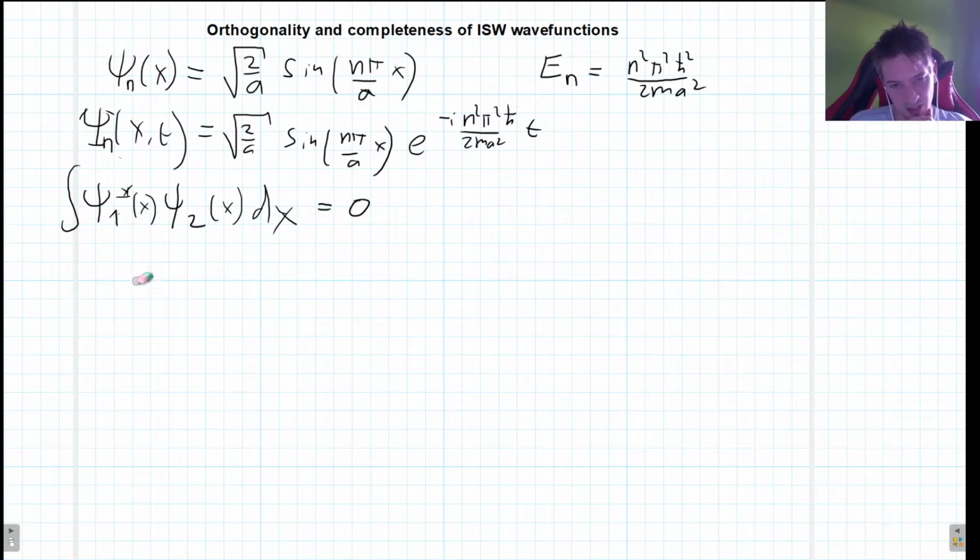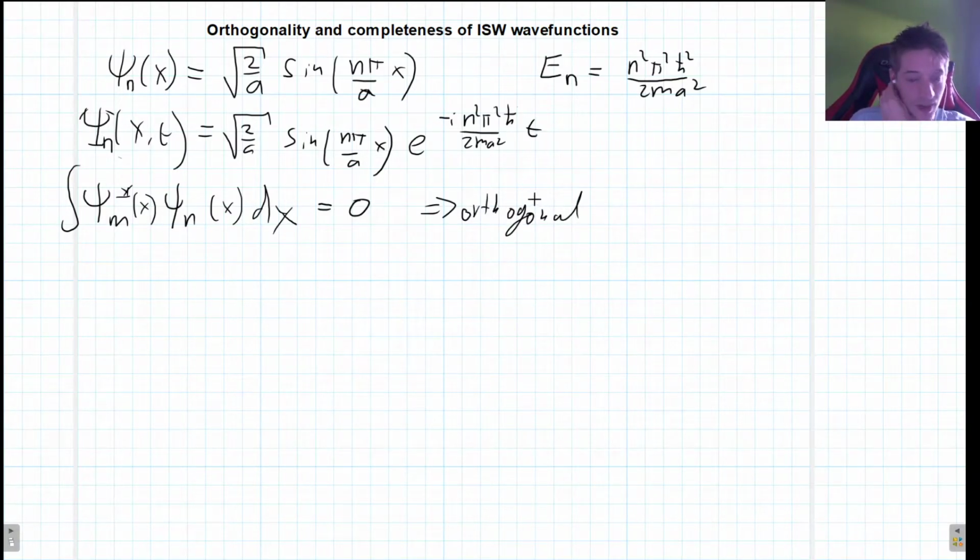So in general, we say that this integral of psi m and psi n is going to be 0. That means that they are orthogonal. So let us prove that.